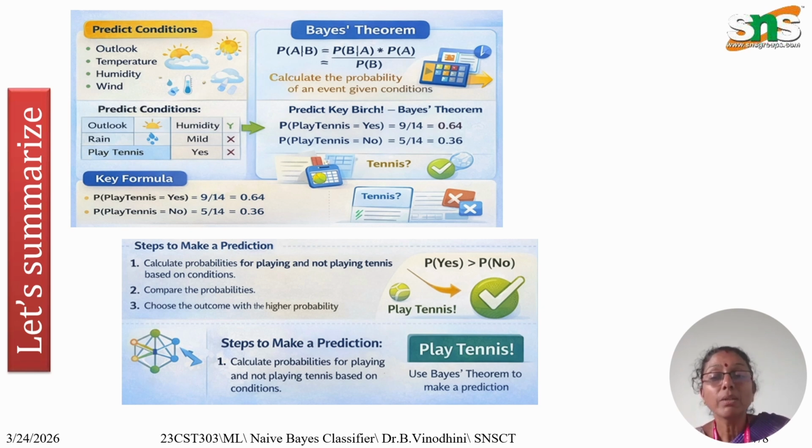Here the probability of yes is 0.54 and the probability of no is also computed. Based on that, we find the class label of the new input. I hope you understand how we can calculate the classification label of an input using naive Bayes. Thank you.